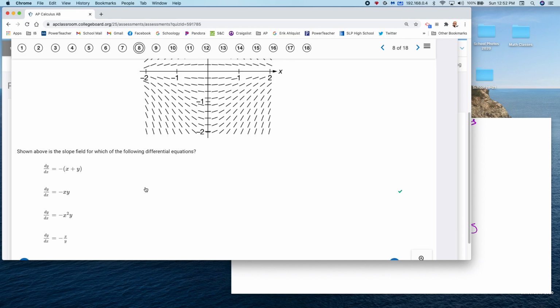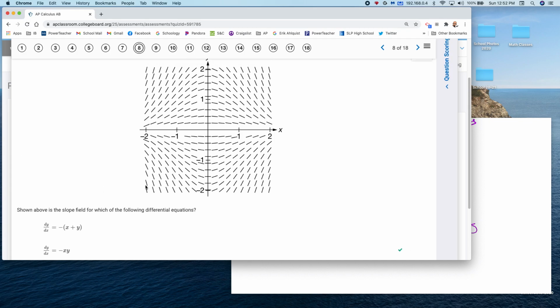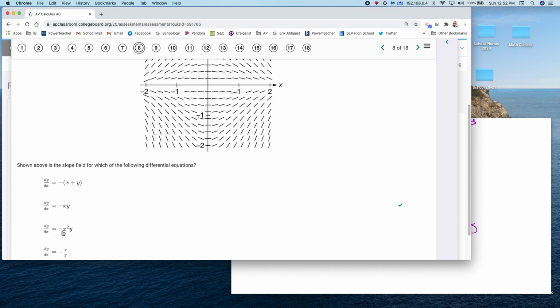So now we have to look and say, well, what's happening as these things get bigger? Because we're really down to, I think, the first one and the last one here.